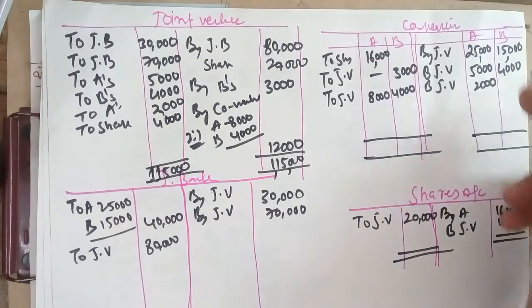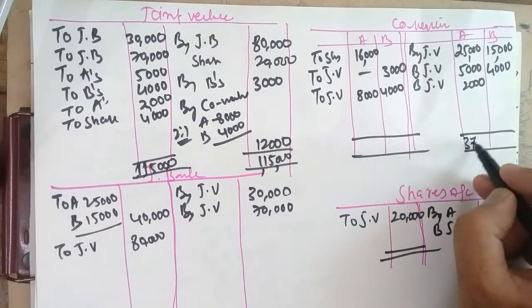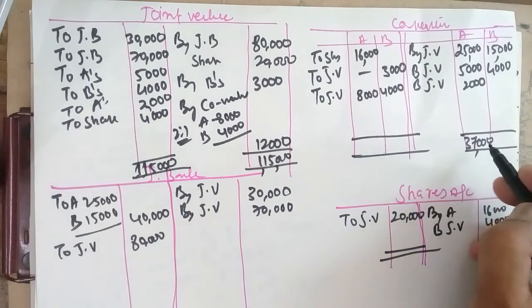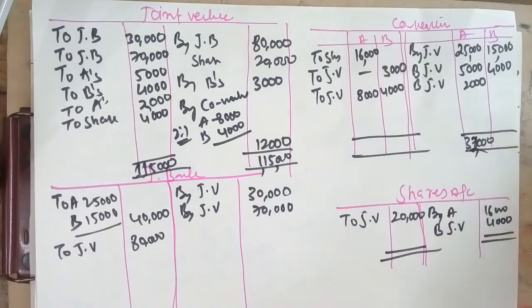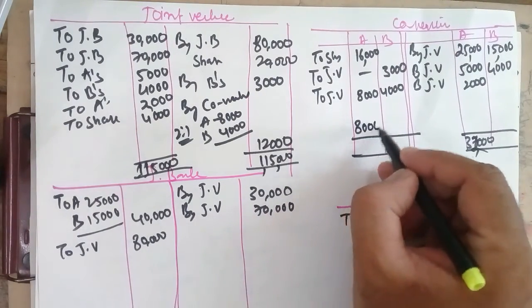Right? So 25 plus 5, 30 plus 2, total 32,000. This is right, 32,000. 32 minus 16 minus 8 equals 8,000. We are getting the balancing figure.